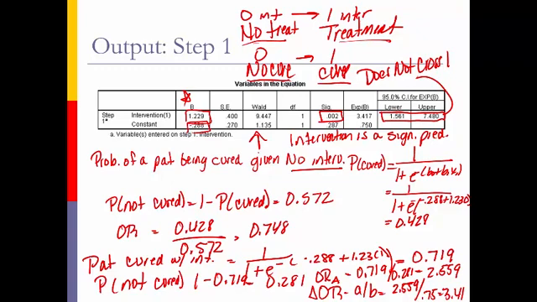So the odds of the patient who is treated being cured is 3.41 times higher than those not being treated. So that's what that odds ratio is telling us. So that's pretty critical. I think that's the most important piece of output in the entire output there.